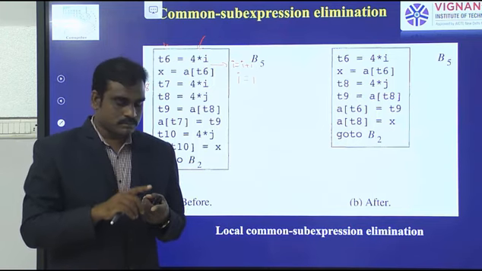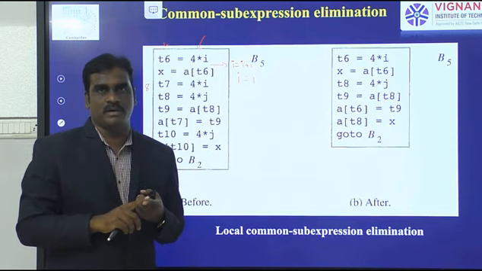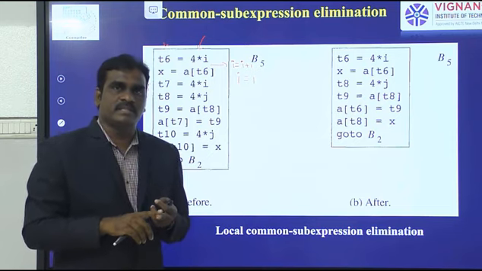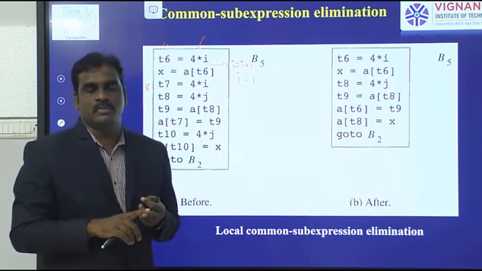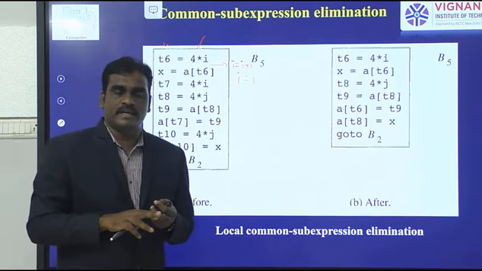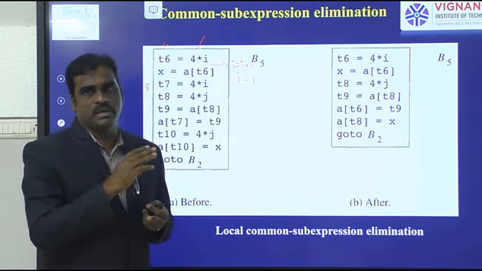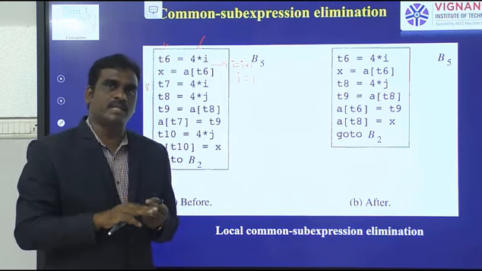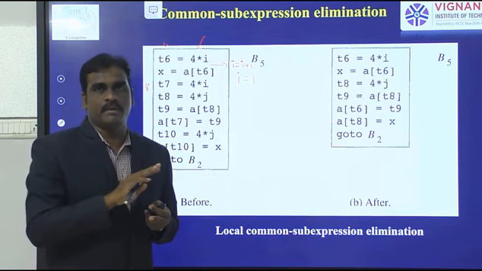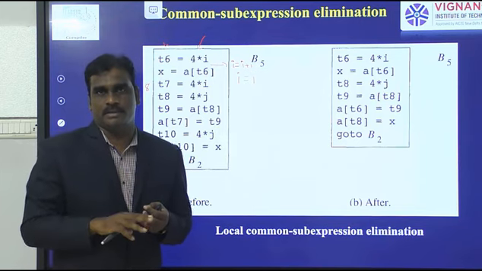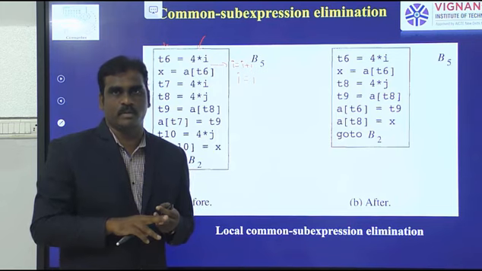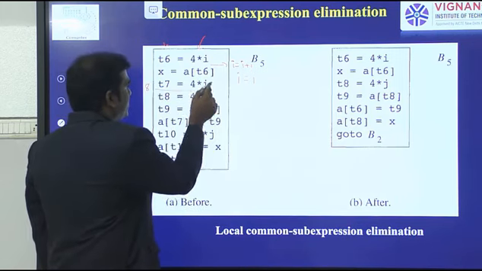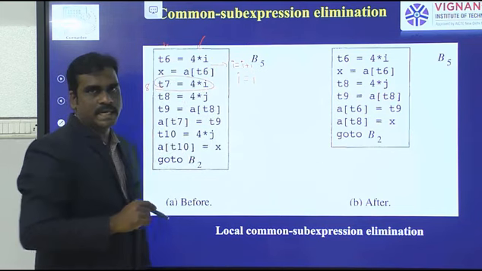One is whether the expression is same or not, and the second point is whether the expression is generating the same value or not. If the expression is generating the same value, then we have to eliminate it. If the expression is same but the values are different, at that time we need not perform any deletion operation. That is a very, very important point. Whereas in this case both are generating the same value, so you can remove T7.